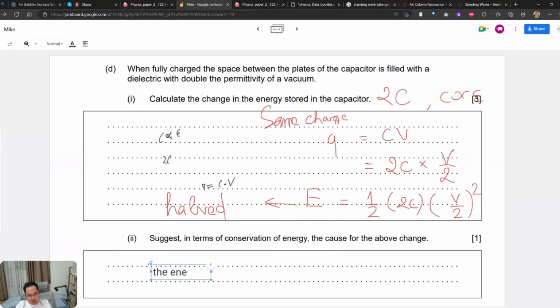The energy is lost due to the opposition, to oppose the work done to insert the new dielectric.